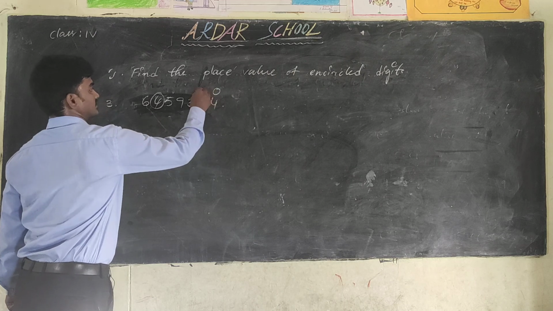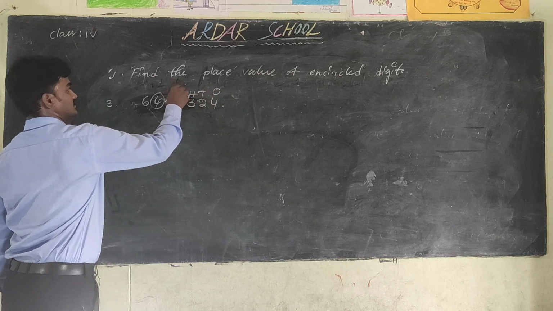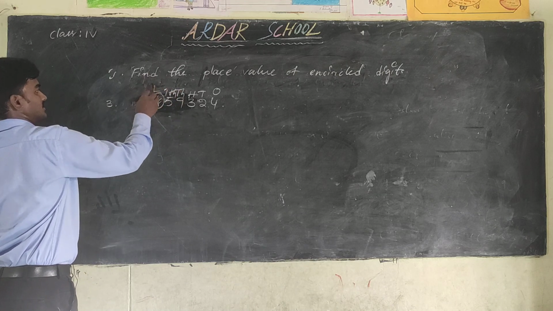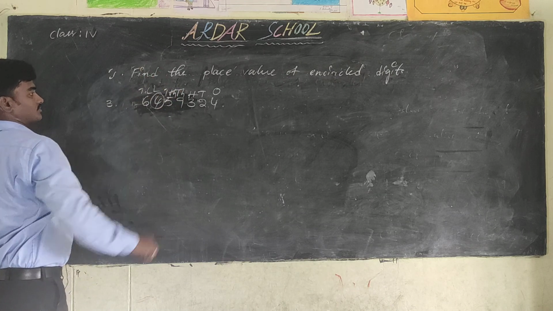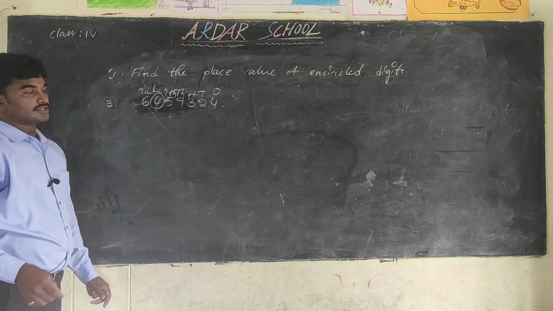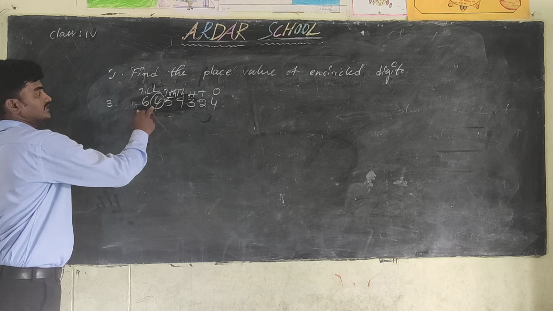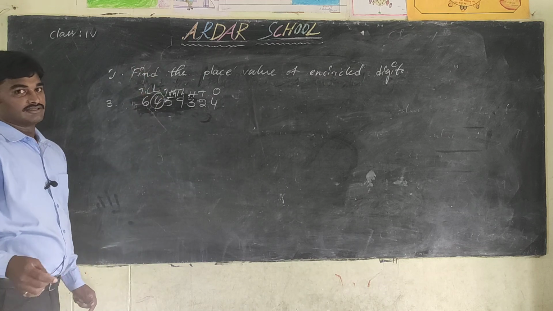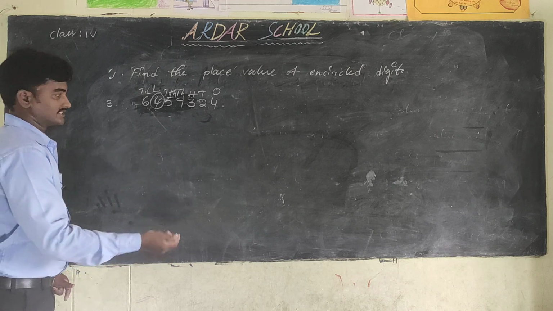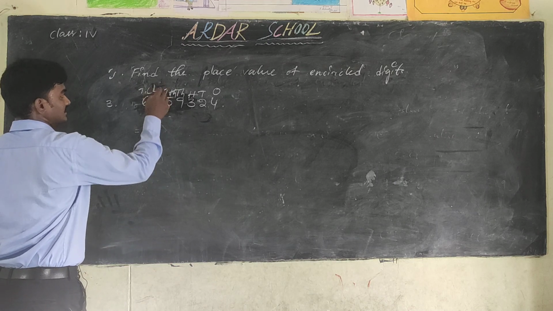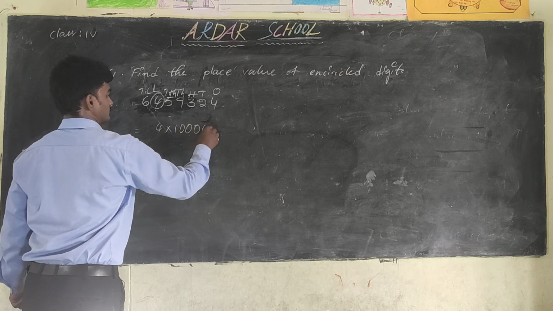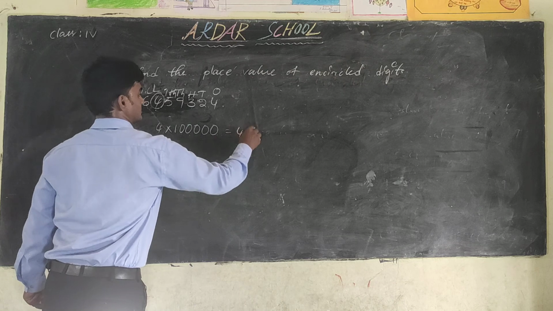Ones place, tens place, hundreds place, thousands place, 10,000 place, lakhs place, and 10 lakhs place. So in this numeral, 4 is at lakhs place. So the place value of 4 is 4 lakhs, because 4 is at lakhs place, 4 into lakh, 4 lakhs.